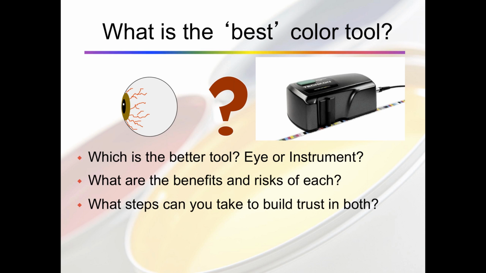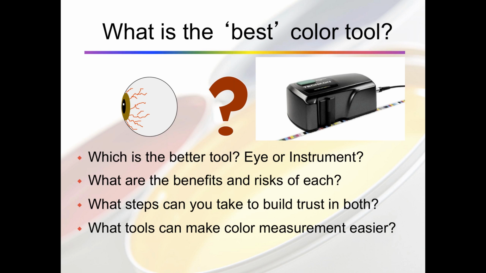Next, we'll talk about what kind of steps you can take to build trust in both. Certainly, you want to be able to trust your eye, you want to be able to trust your instrument, and there are certain things you can do to have higher confidence in your usage of each. Both of these tools give you a lot of information. The eye can see a lot of information at one time.